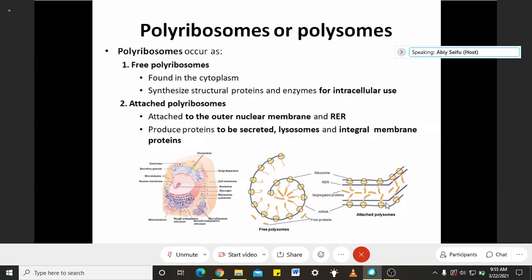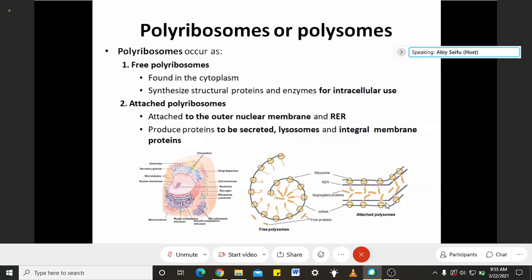On the other hand, those cells which do not need to secrete outside, but maybe are required to produce large amounts of proteins for local intracellular use, need to have a large amount of free polyribosomes. This type of cell may even be dividing cells. Before cells divide, they need to have a large amount of organelles, which are going to split into two daughter cells.